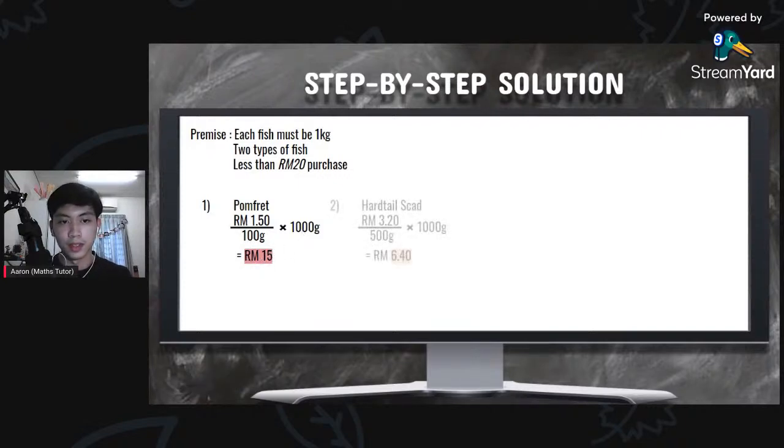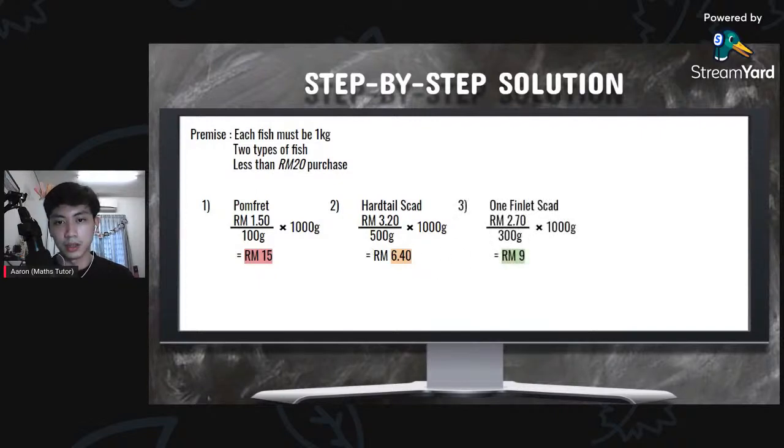And then it goes to the same thing as the second one. The second one, hardtail scad, is also the same: RM 3.2 divided by 500 gram, and then you multiply by 1 kg or 1,000 gram, then you can get the amount. The same thing goes for the third one and the fourth one.